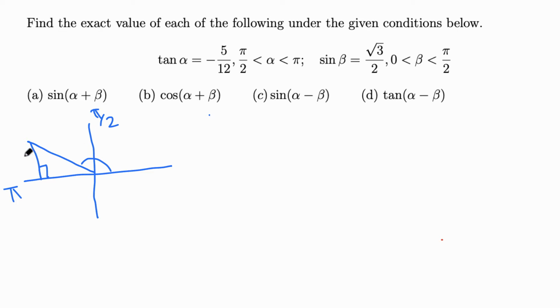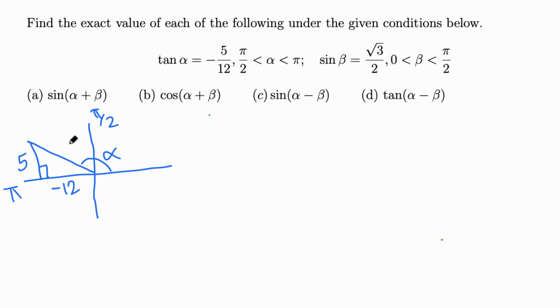Opposite over adjacent is tangent. This is the alpha angle, with 5/12. This length is negative, so -12, and this length is 5. So tangent alpha is -5/12, and alpha in the second quadrant gives us this right triangle. Since we have two sides, we can find the hypotenuse. a squared plus b squared equals c squared.